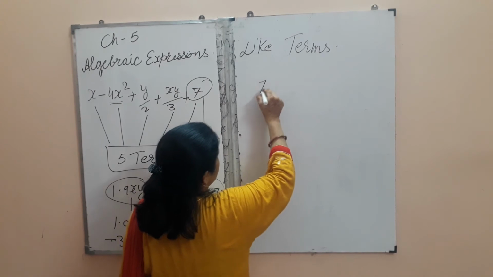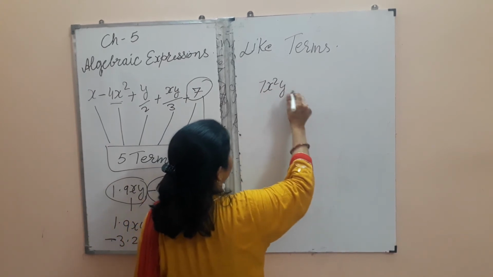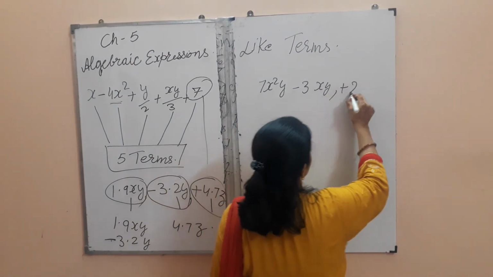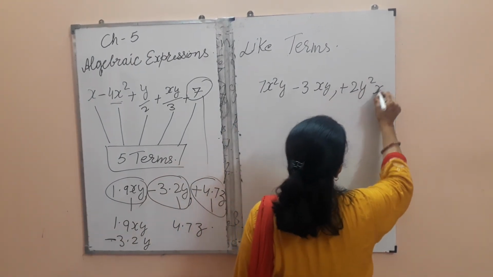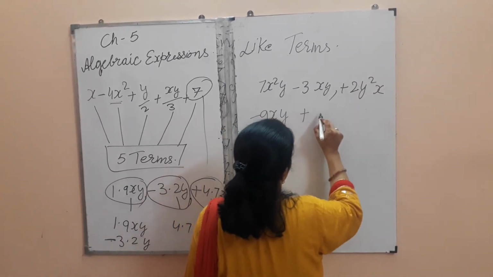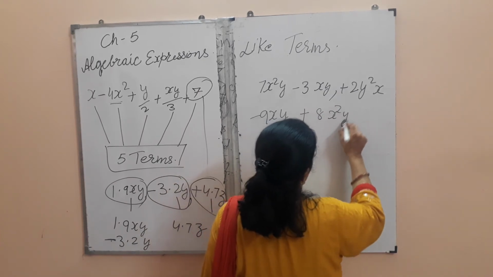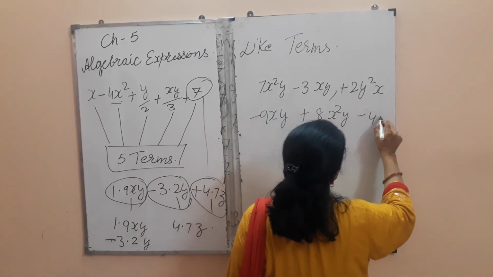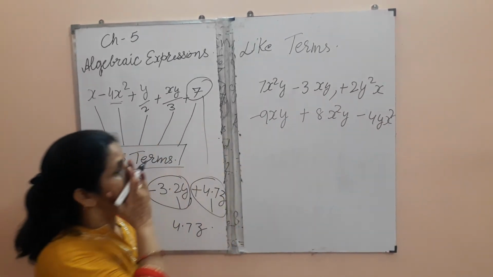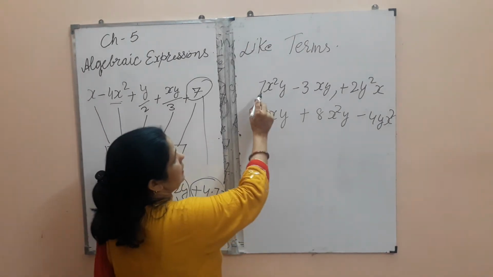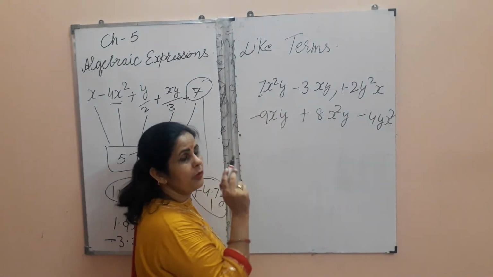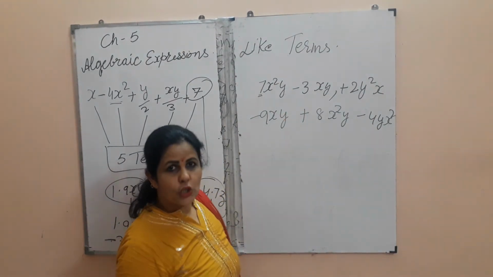For example, 7x square y minus 3xy plus 2y square x minus 9xy plus 8x square y minus 4y x square. So in this, which are the like terms? The numbers, constants can be different, but the variables with their parts should be the same.